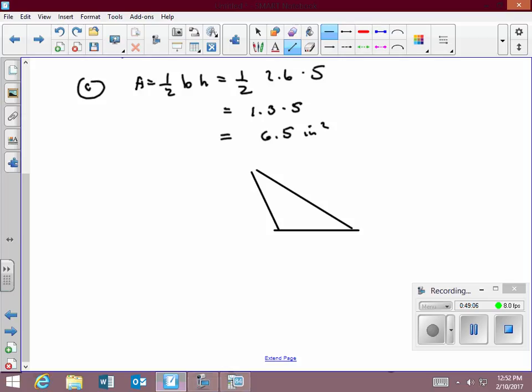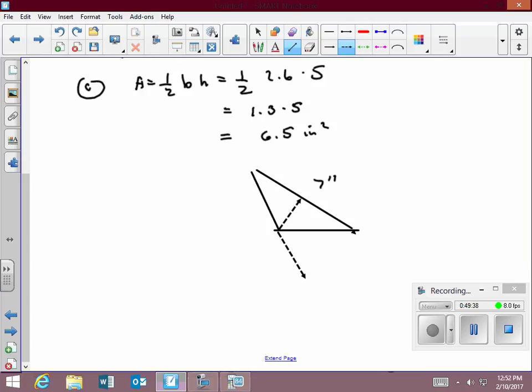If you were using the base to be this 7-inch, then what you would do is you do a perpendicular distance from here down. Right. But then if you did this one as the base, you'd have to extend this out.